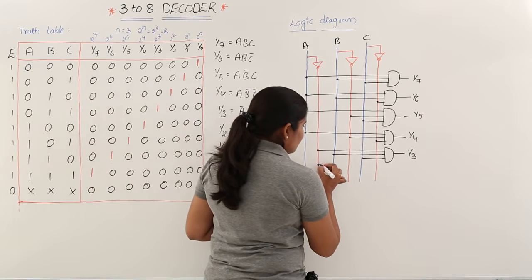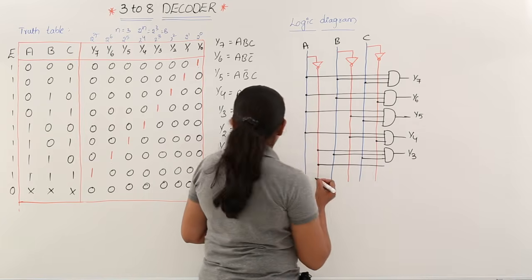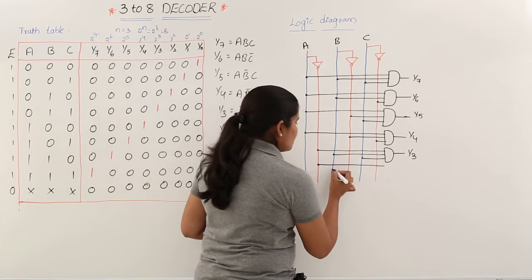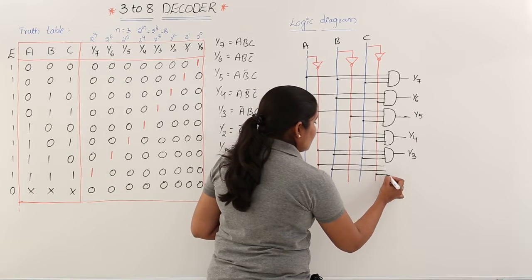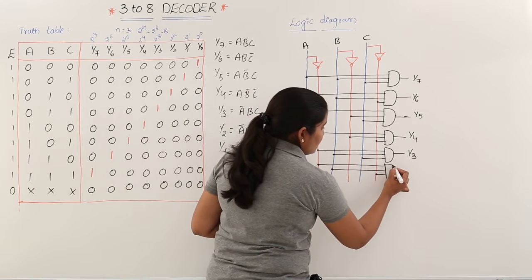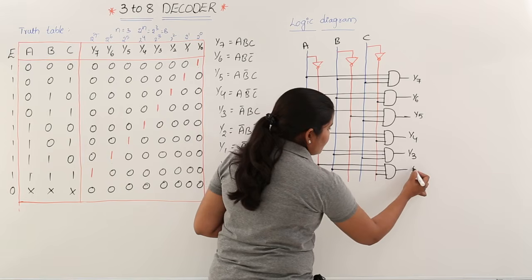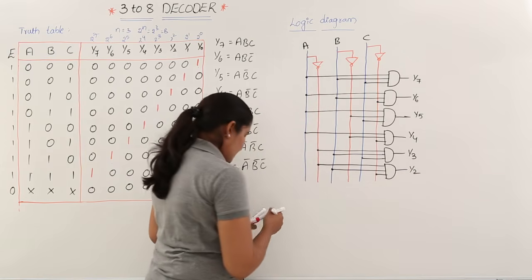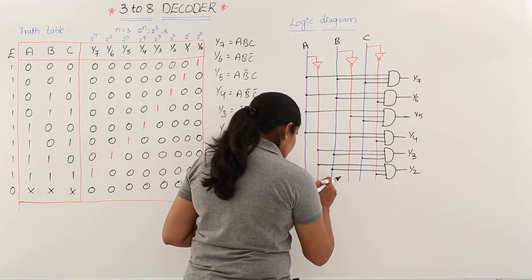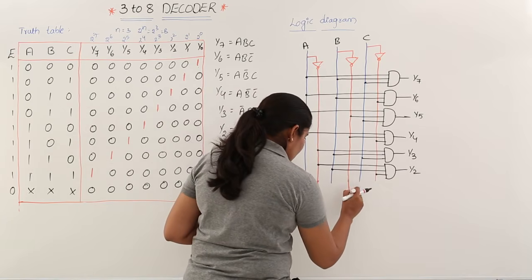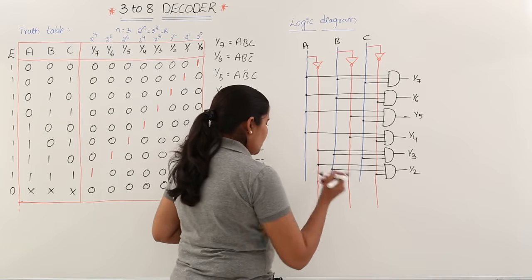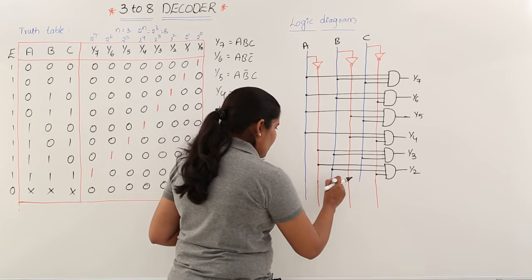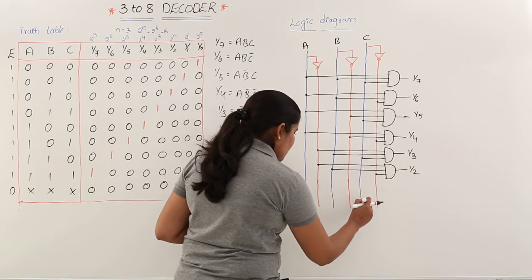A bar is taken from the complement, then B, and here C bar. This is taken to an AND gate and it provides y2. I am just extending these lines to take the remaining outputs, y1 and y0.